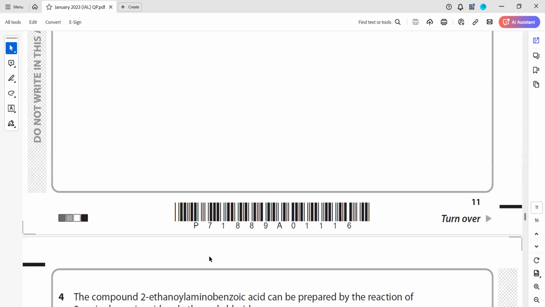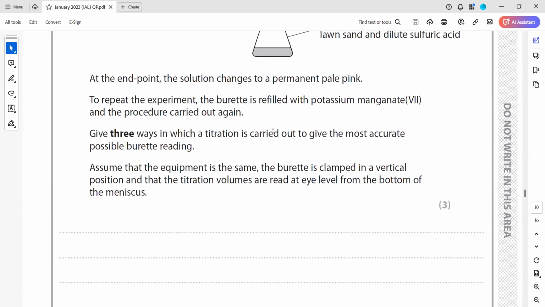Wash the burette with potassium manganate solution. They already mentioned that it is washed with potassium manganate here. The burette is refilled with potassium manganate. So if you wash with potassium manganate, it's the same thing as if you refill.